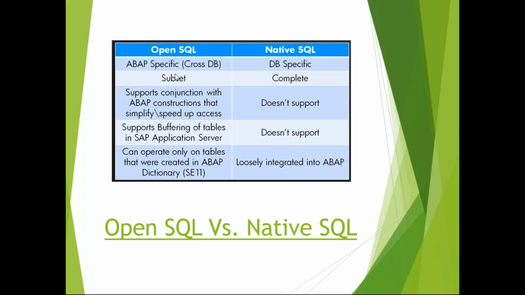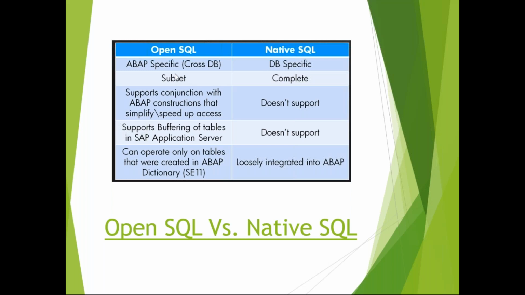Here it says open SQL supports and simplifies database access. I think mostly it is telling that whatever DDIC components you have, you can fetch most of them through ABAP open SQL statements. But you mostly cannot fetch data from the DDIC structures with native SQL statements, as these are not much compatible with that.